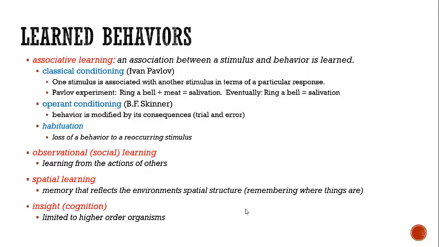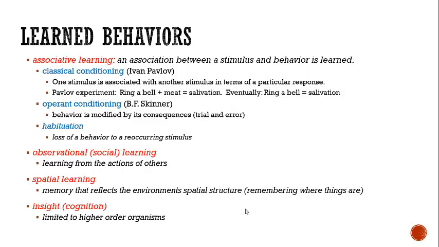With either type of associative learning, if a stimulus occurs too often, habituation will take place. If you keep doing a stimulus over and over again, eventually the organism gets used to it and you lose the response. You lose the behavior.